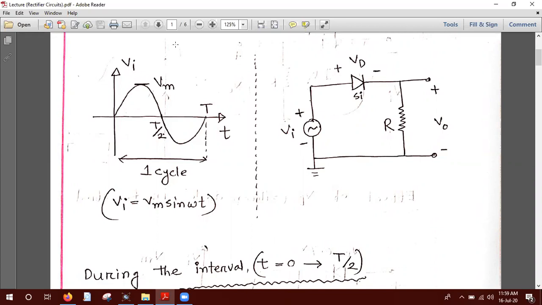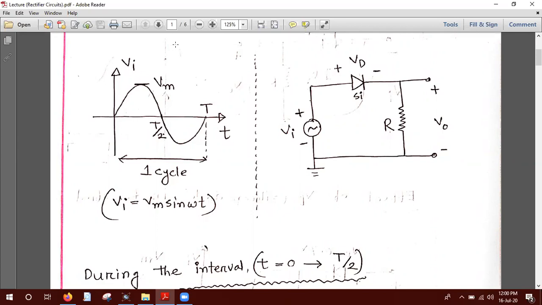Okay, so for the half-wave rectifier, we can understand from the name also that half-wave means, in the AC signal, we know that there are two types of cycle: one is the positive cycle, another one is the negative cycle. So in the half-wave rectifier, we get the positive cycle in the output, but we do not get the negative cycle in the output. That's why it is named half wave.